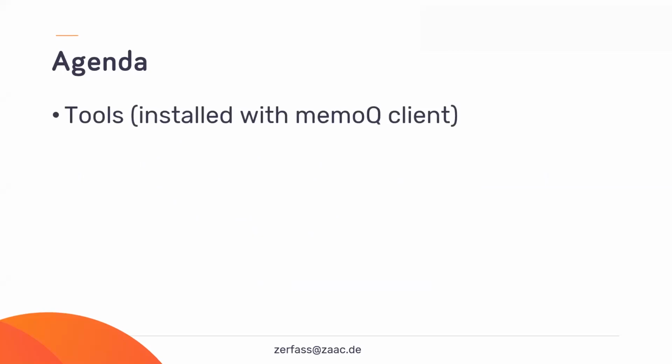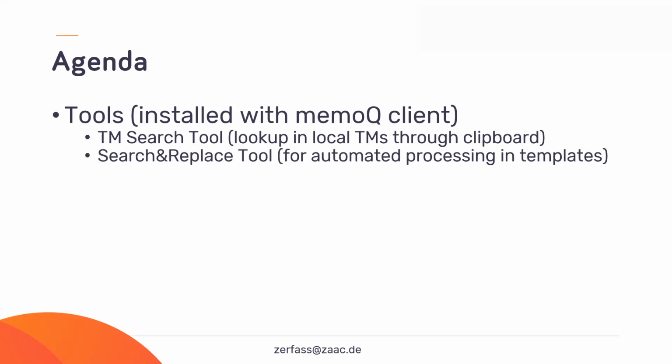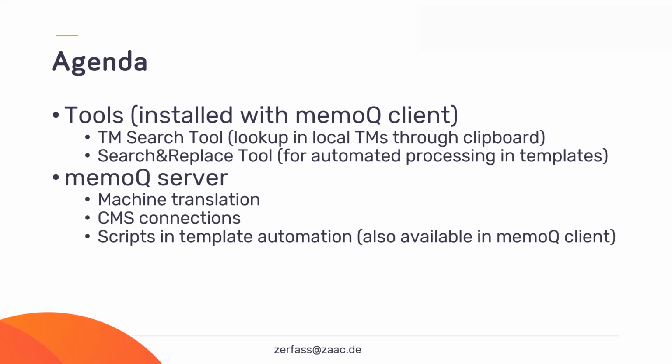Then we'll talk about some tools, so not plugins, but tools that are installed with memoQ. That's the TM search tool, and those of you who've listened to the hidden treasures may already know that. But there's another one that's called a search and replace tool that can be used in the automation of the templates. Then a little bit on the memoQ server. Of course, also there, machine translation can be added. Connections to content management systems, so getting data between the systems.